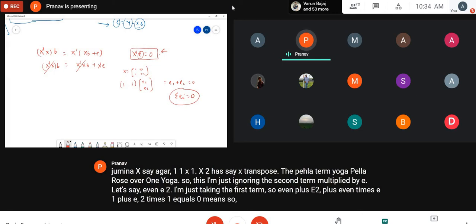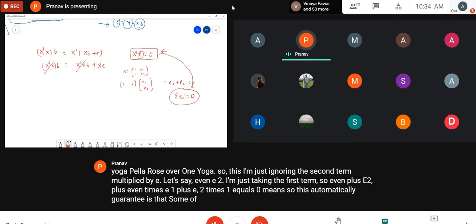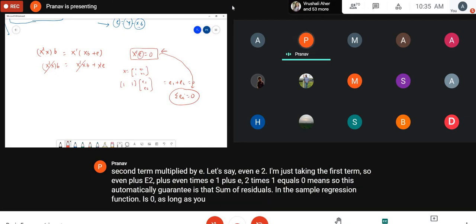this automatically guarantees that the sum of residuals in the sample regression function is 0 as long as you have an intercept term present in the model.